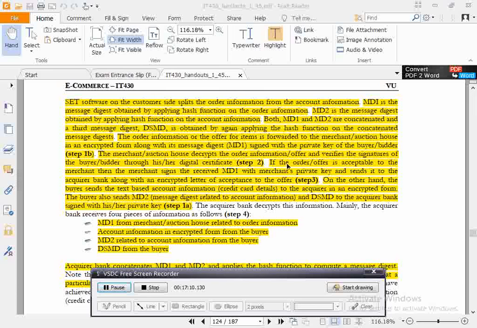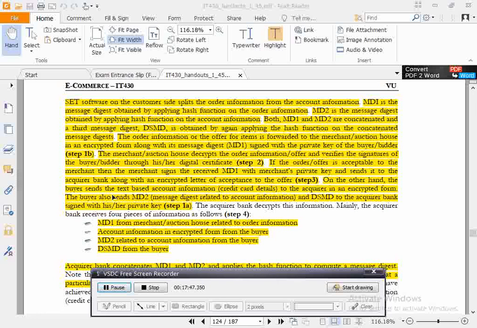Here, if the order or offer is acceptable, it is forwarded to the acquirer bank along with the encrypted letter of acceptance on the offer. On the other hand, the buyer sends the account information to the acquirer in an encrypted form.